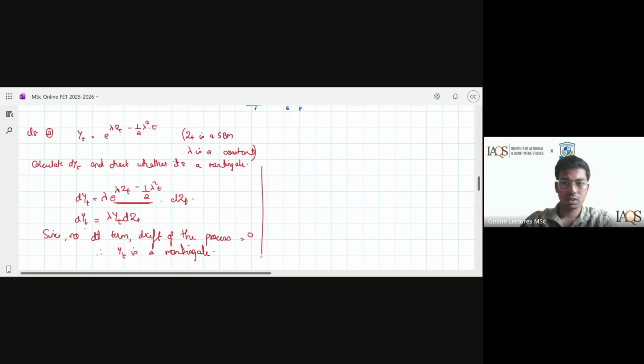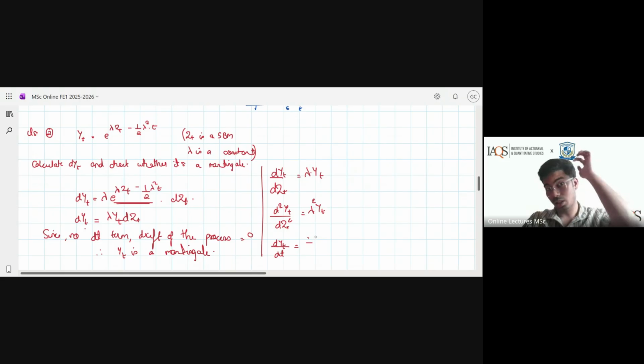Just try dY_t by dZ_t is equal to lambda into Y_t. d square Y_t by dZ_t square is lambda square into Y_t. And dY_t by dt is equal to minus half lambda square, e raised to this entire term.